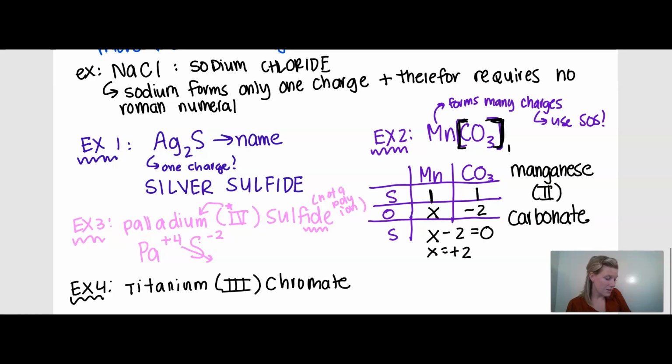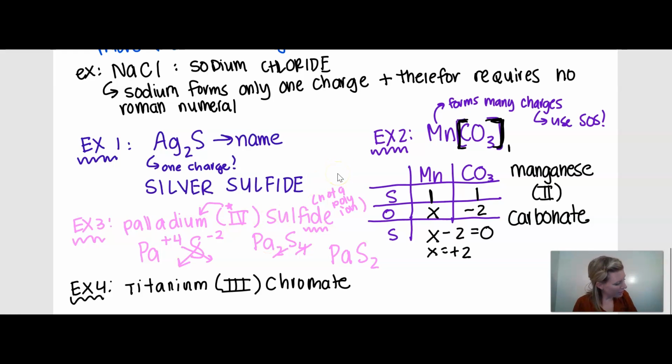We're going to cross, and we get Pd2S4. Don't forget that at this point, we can slash those and reduce them to just PdS2.